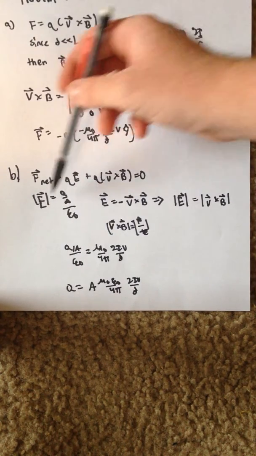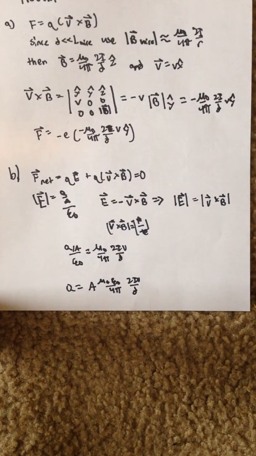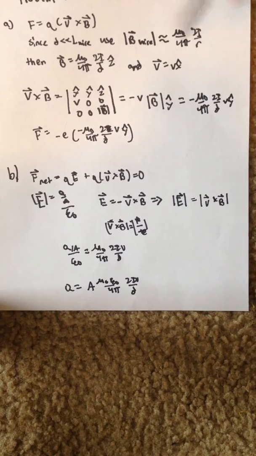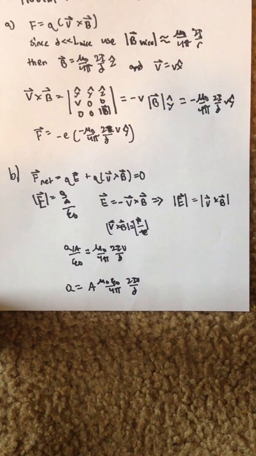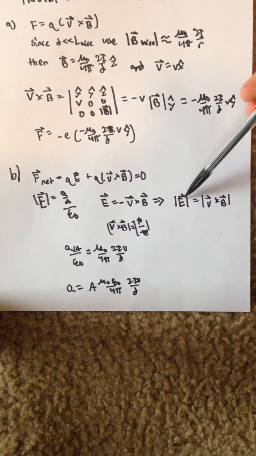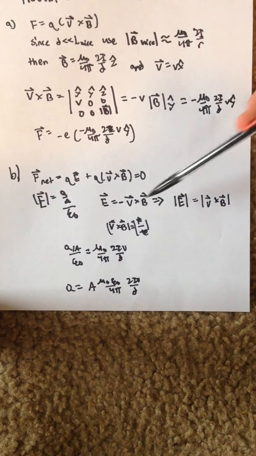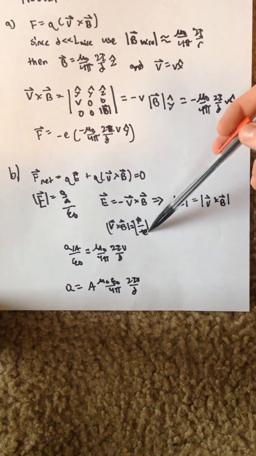We know E is equal to Q divided by the area over epsilon naught. That's the magnitude. Also, E is equal to this negative V cross B. So the absolute value of E is equal to V cross B, and V cross B equals F over Q.